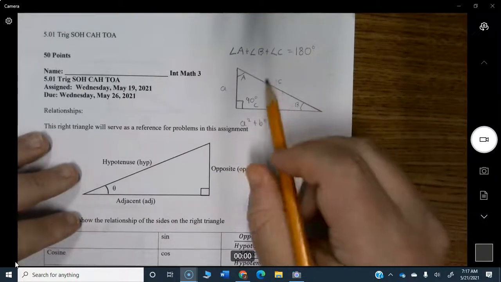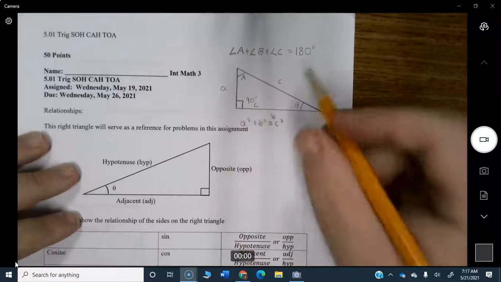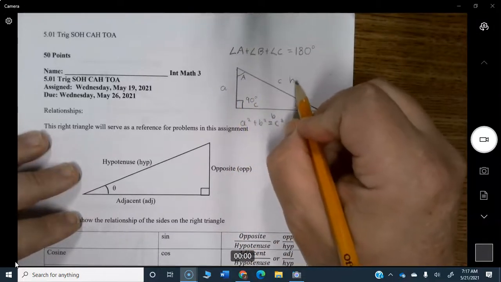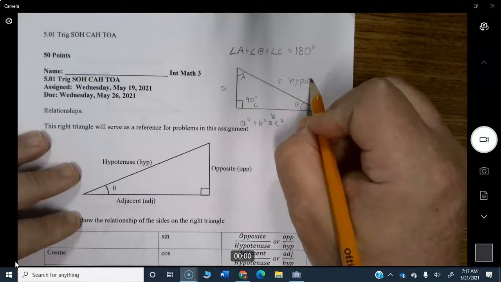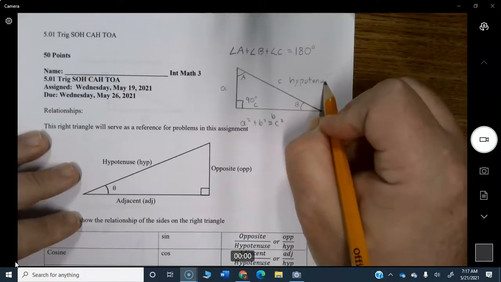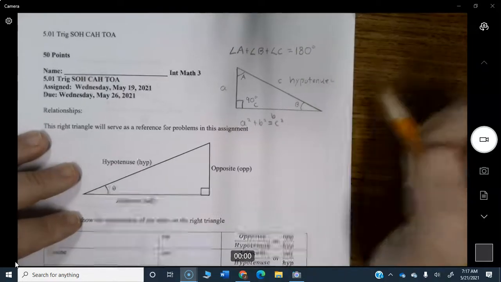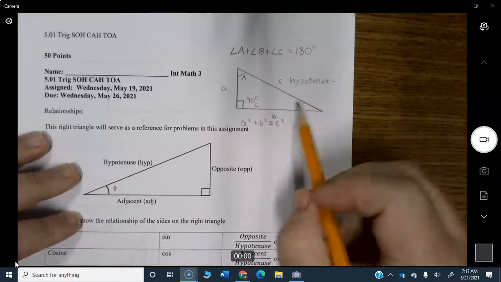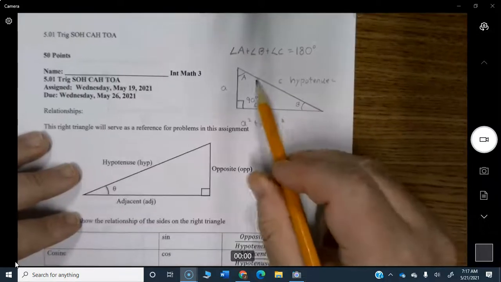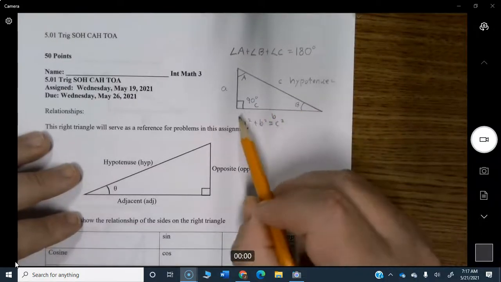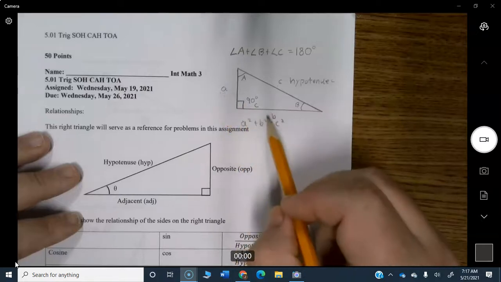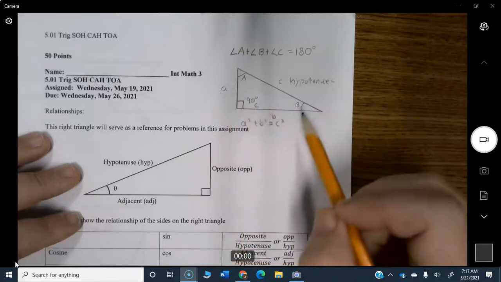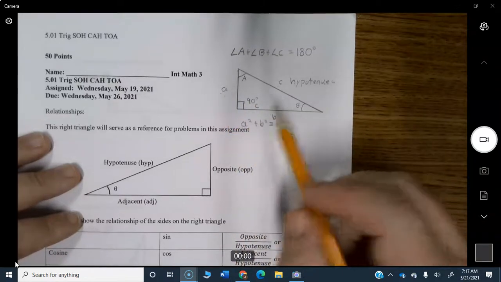Well, C has to be the longest side, and the longest side is called the hypotenuse. Hypotenuse is the longest side, so C must be the longest side in this equation. The other two sides, A and B, it doesn't matter which one you call A and which one you call B. I could have switched those around. It doesn't matter.